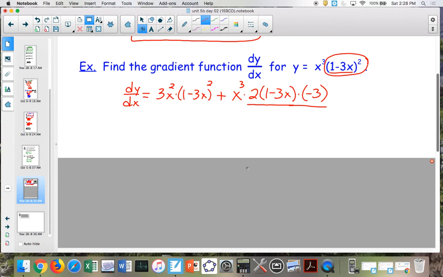So the entire derivative of (1 minus 3x) squared is 2 times (1 minus 3x) to the first times negative 3. So my final answer here, I have 3x squared (1 minus 3x) squared minus 6x cubed (1 minus 3x).